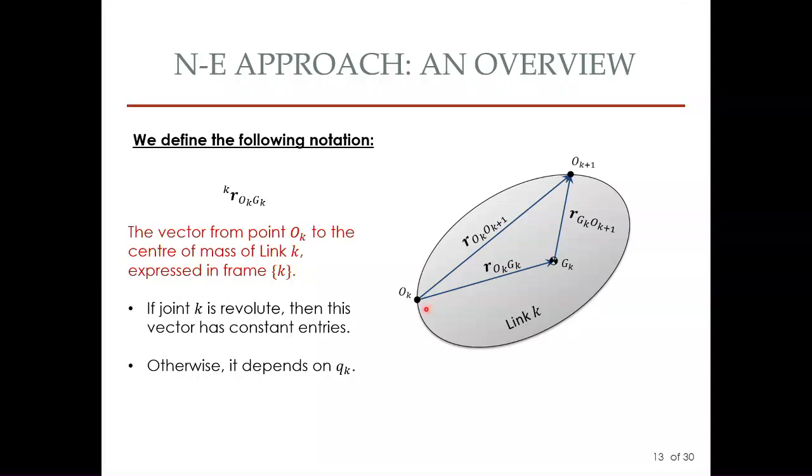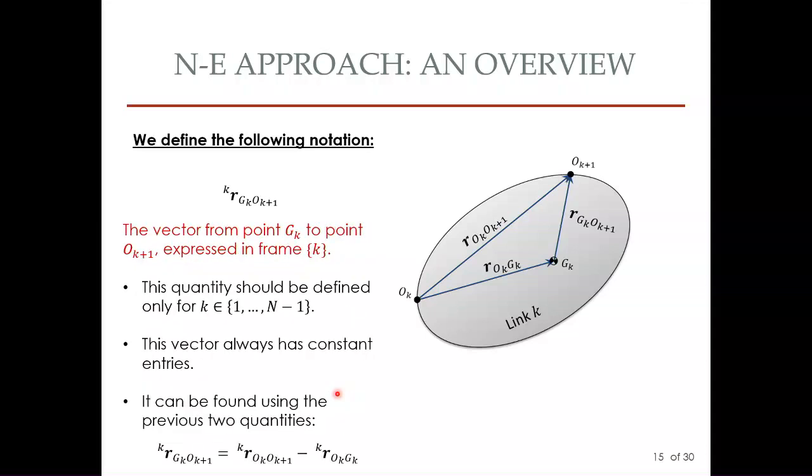So if it's a prismatic joint, link K will start distancing from OK. So if that is the case, say ROKGK, if it's a prismatic joint, will depend on QK, the parameter or the generalized coordinate for that joint. Any questions so far?